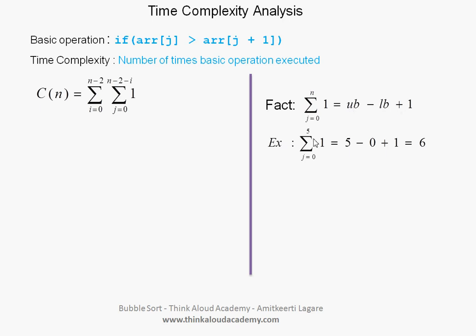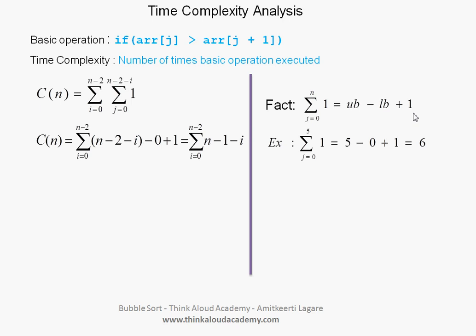For example, the summation of j is equal to 0 to 5 of 1 would be upper bound, which is 5, minus lower bound, which is 0, plus 1, which is equal to 6. Even if we do it by hand, the calculation will be 1 plus 1 plus 1 plus 1 plus 1 plus 1, that is from 0 to 5, which is 6 times. So it would be 6.